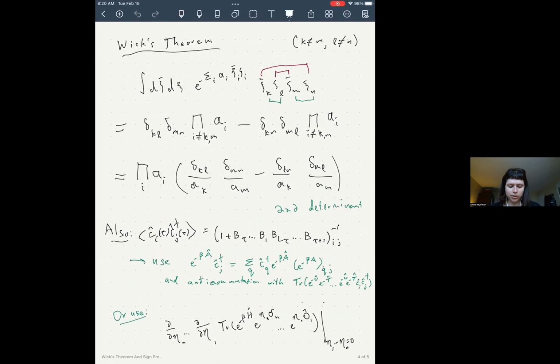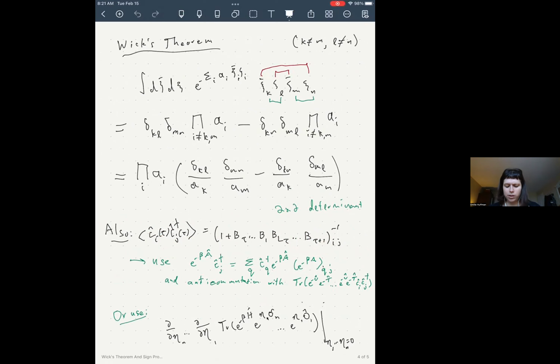And in fact, you've already seen this expression yesterday in Johannes's talk. So you can also say that this then is equal to this 1 plus the product of the B matrices, where the B matrices are wrapped around such that the tau is exposed. This is the equal time case in particular.